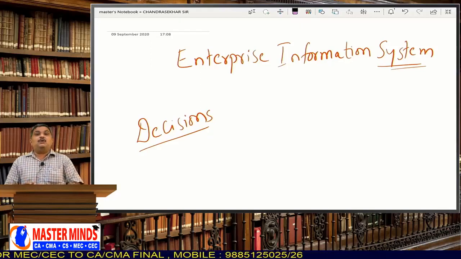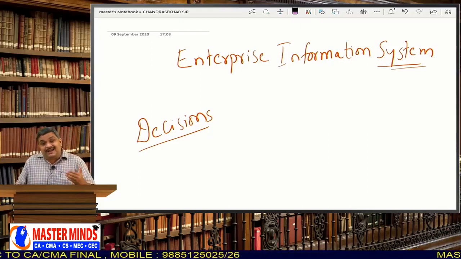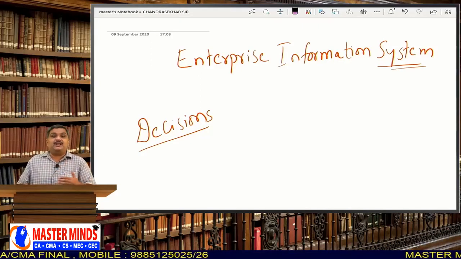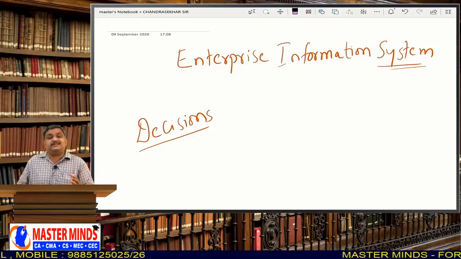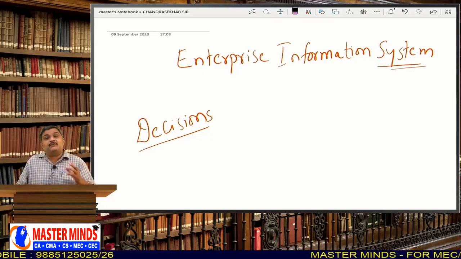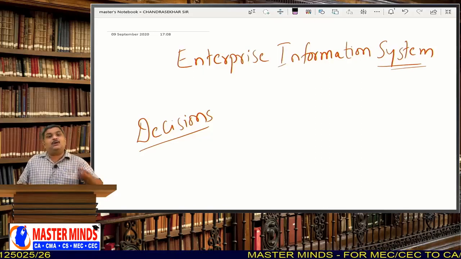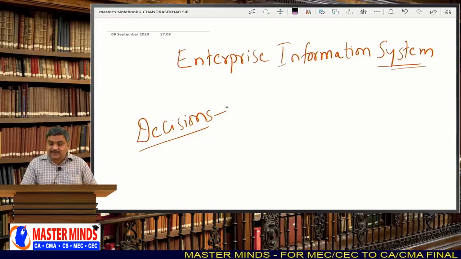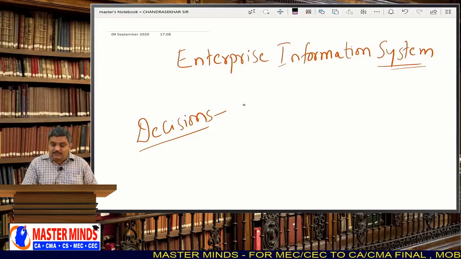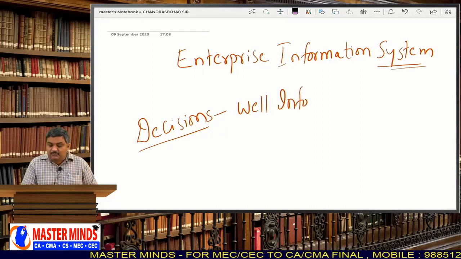Now you can easily understand what we mean by enterprise information system. An enterprise information system provides information of all types, of all kinds, of all sorts to the decision makers to make well-informed decisions.